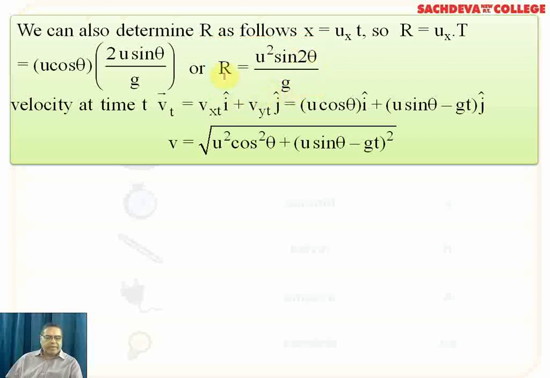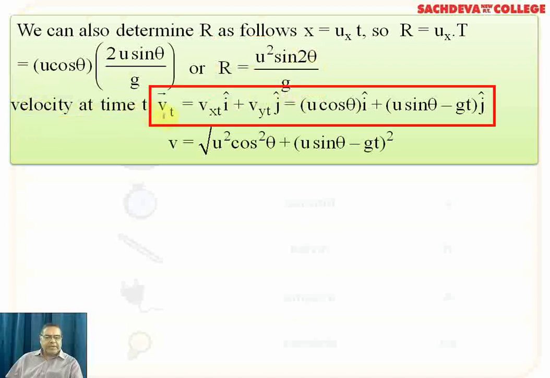Now we take the vector form. So velocity at time t is vt, and vt is equal to vxt i plus vyt j, where i and j are the unit vectors along the x-axis and y-axis. Then vx is replaced by u cos theta, and vy is replaced by u sin theta.